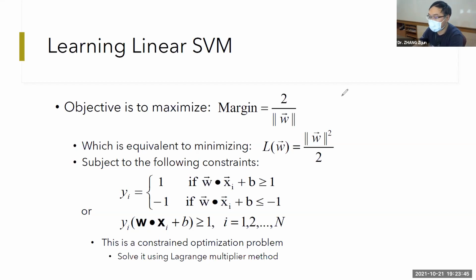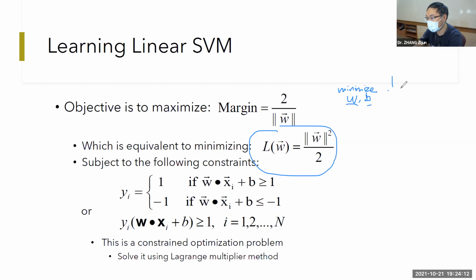All right, based on this, the optimization problem is to minimize with consideration of W and b. Those are the two parameters we need to learn for the SVM.